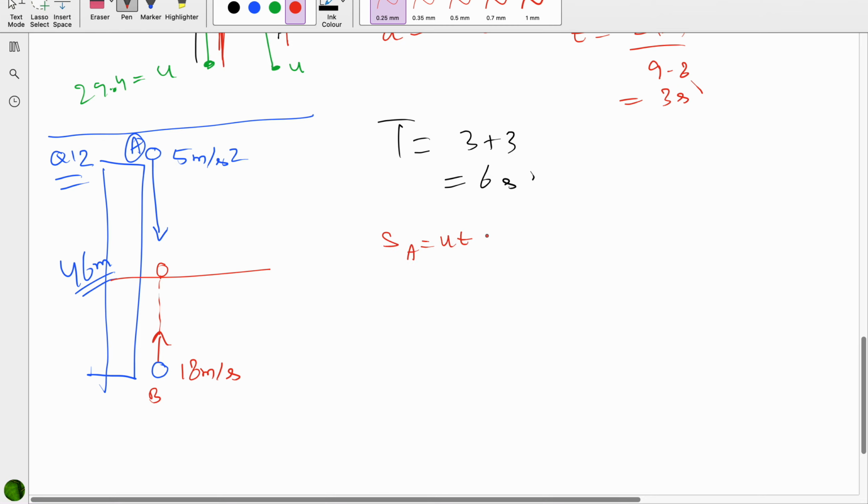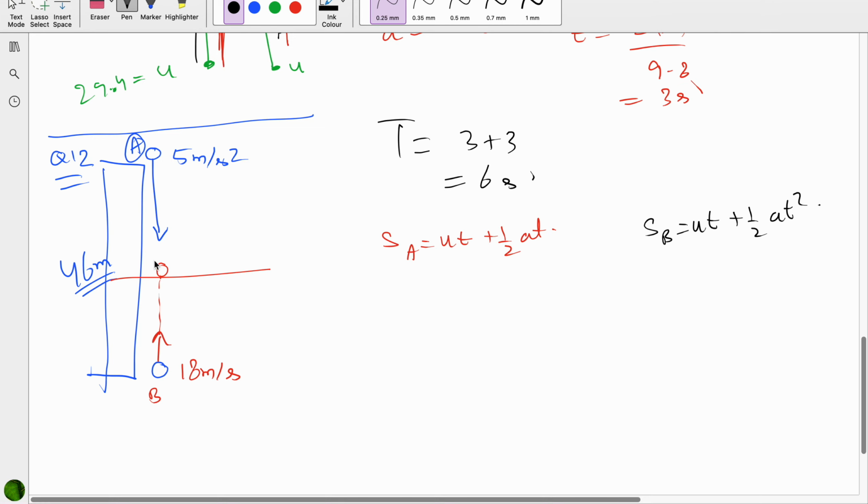is ut plus half at square. This is one of the options, and another could be, let's say we use this. So for B it is ut plus half a t square. So time is also unknown.